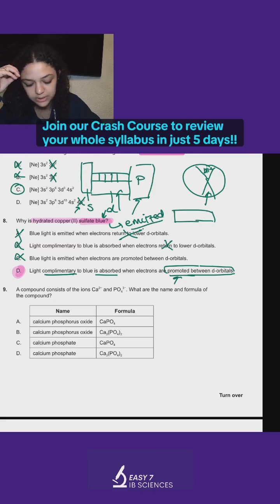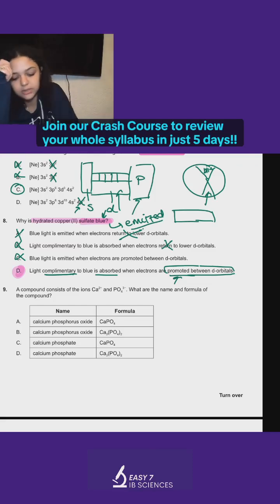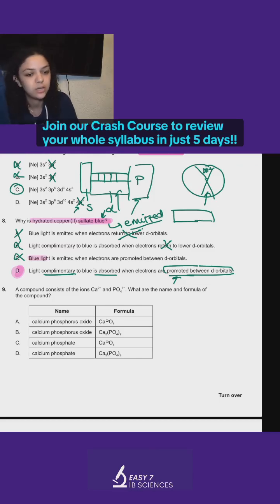What's the difference between C and D? Okay, so here it's telling you that blue light is emitted when electrons are promoted, and that's not the case. Blue light is shown because the light complementary to blue is absorbed. Be careful with that difference.